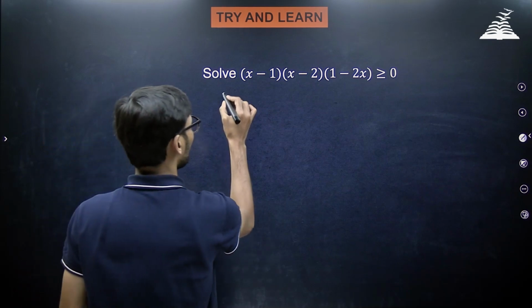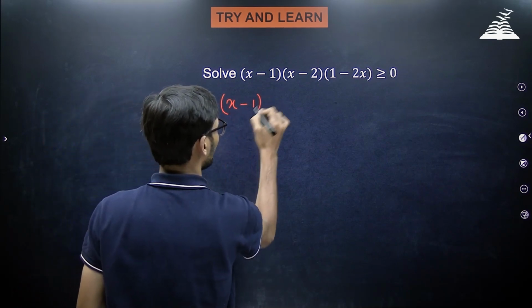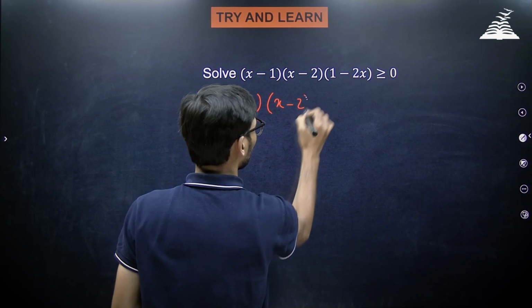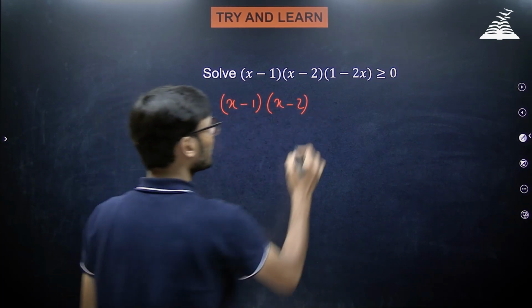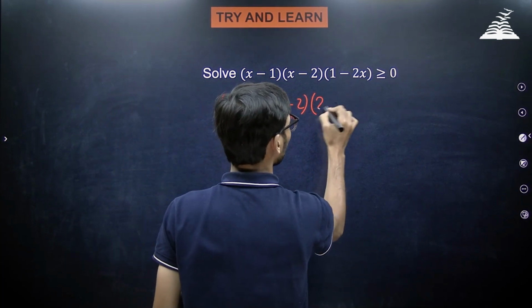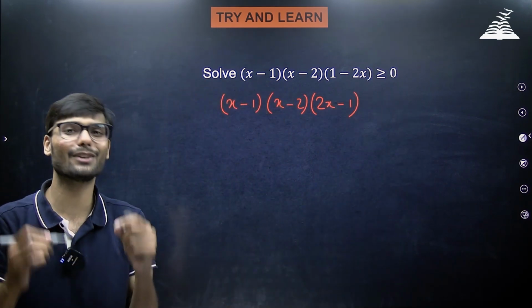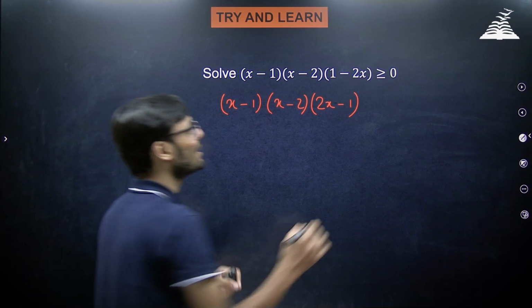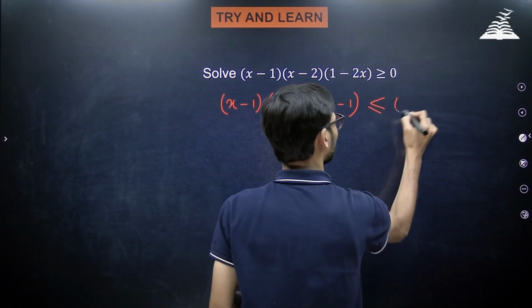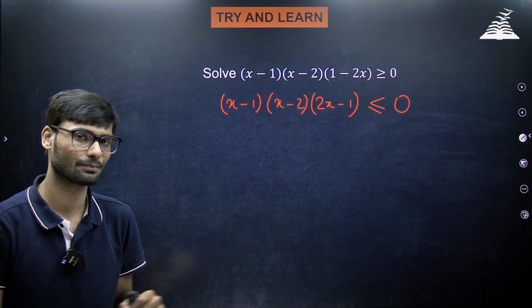We need to multiply by minus 1 on both sides. When you do that, x minus 1 and x minus 2 remain unaffected, but 1 minus 2x becomes 2x minus 1. And since we are multiplying by a negative number, the sign of the inequality is going to change. So we must be putting less than or equal to 0.